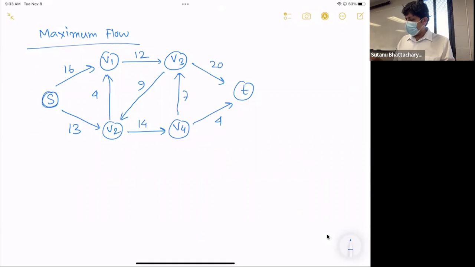One is the source node, another one is the sink node. You may think this is your house.